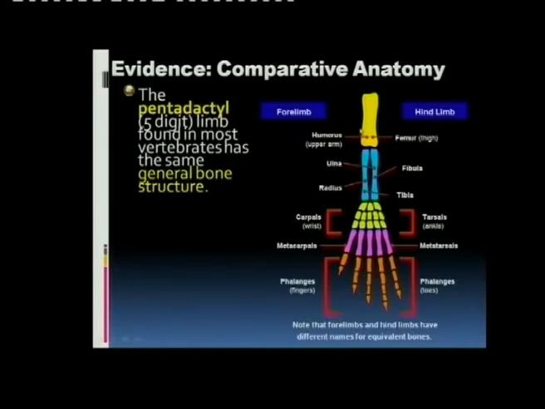So there you have the forelimb, the hind limb, of course, you have your femur, the tibia and fibula, the tarsals, metatarsals and phalanges. En dit is wat bedoel word met hierdie 5-digit of die pentadactyl ledemaat.